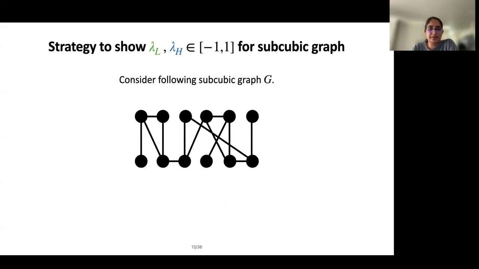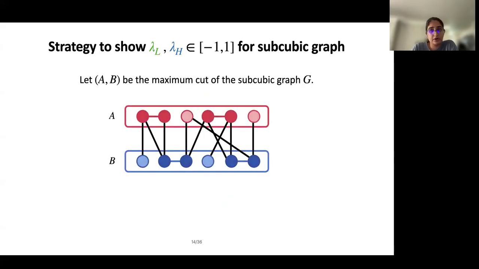Let us start with a subcubic graph G. Here I have a small example of one. I can then have a maximum cut of the subcubic graph, which gives me a partition of my vertices into sets A and B. What I need to observe here is that the graph induced on each of the sets A and B is just going to be a bunch of edges and independent vertices, always.